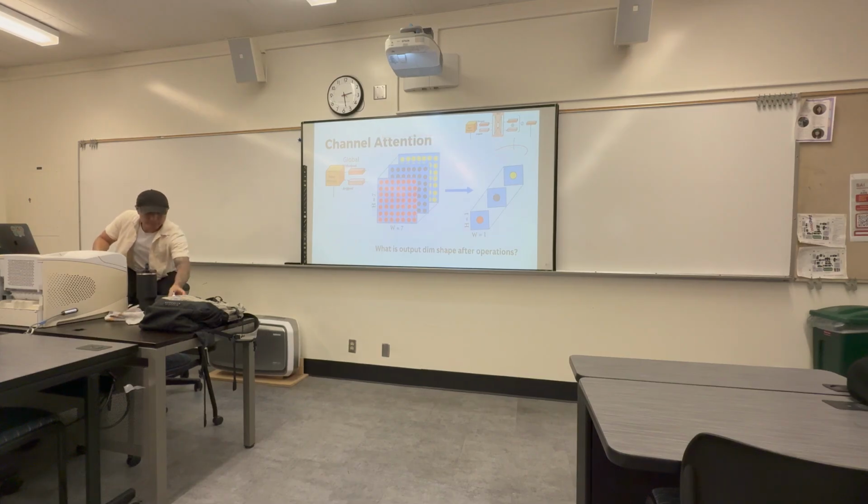After it goes through the max pool, it's 1 by 1 by 3, right? Yep. And then same after it goes to the average pool, right? Yep. So that tensor that you just said, what would be the final output shape?